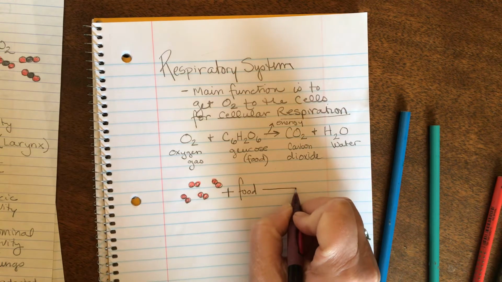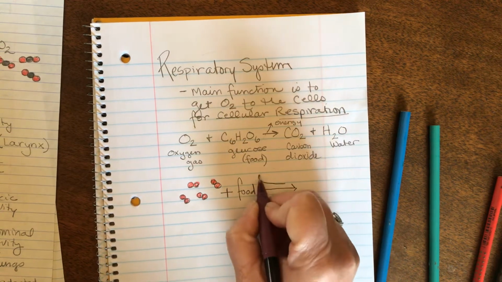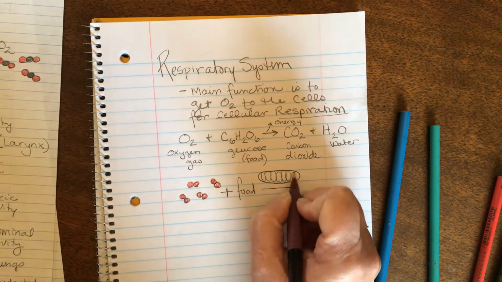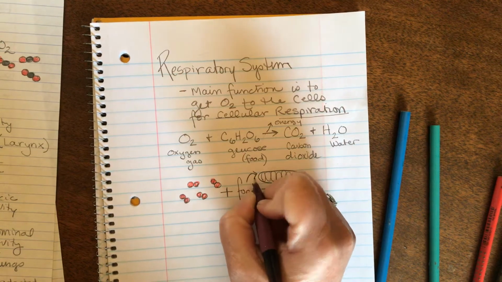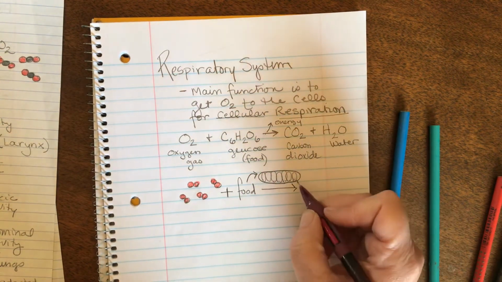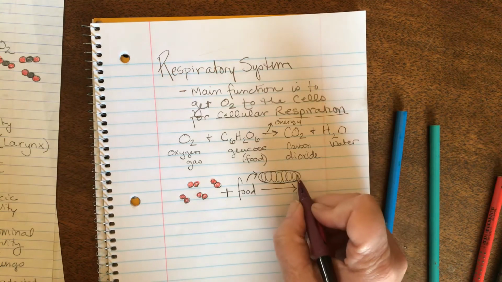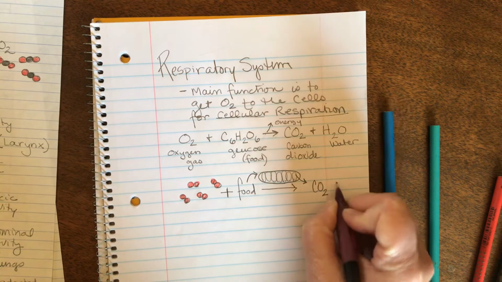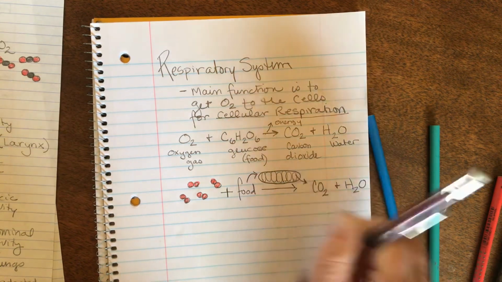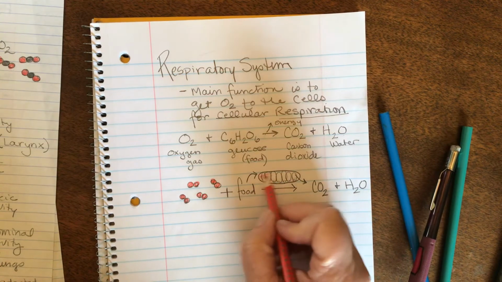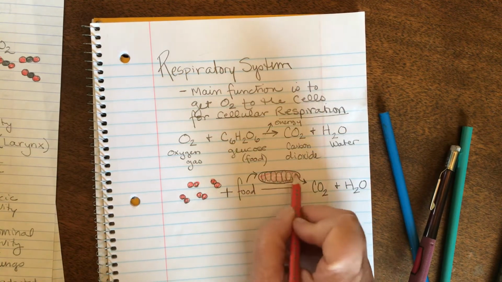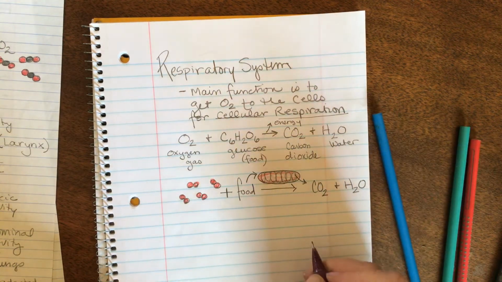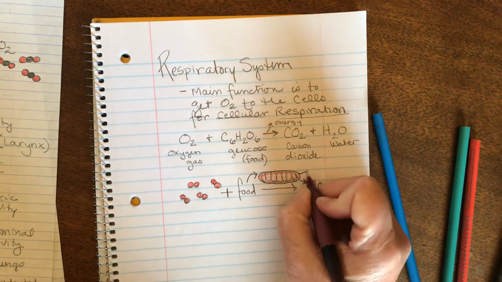And when it gets to the cells, it's going to enter the organelle known as the mitochondria. There are some steps before that, but in the end, the mitochondria is going to produce the carbon dioxide and water. I also like to illustrate mitochondria in red. Isn't that funny? And this then gives us energy.